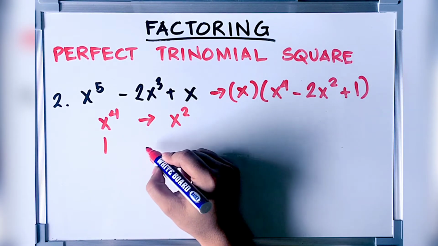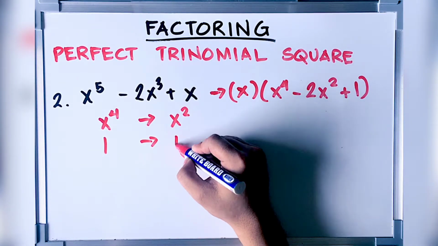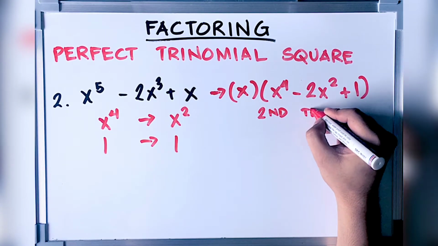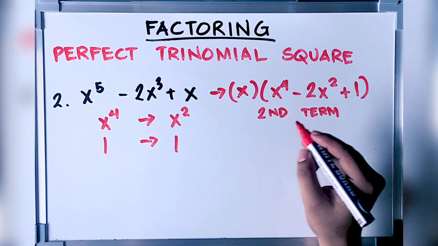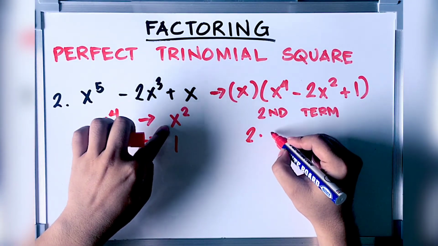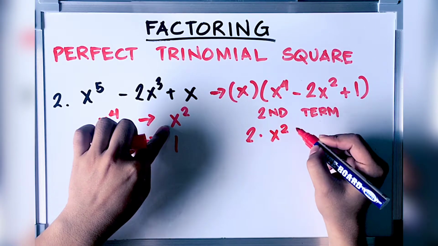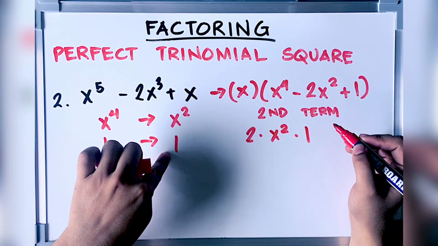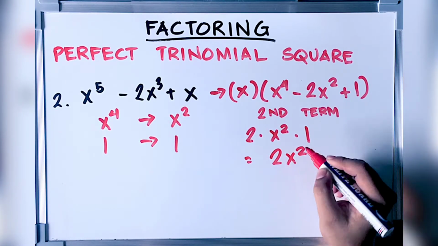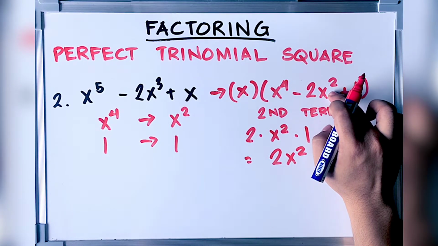Last term niya is 1, square root ng 1 is 1. And para sa second term, so twice the product ng square root ng first term at nung last term. So, ang sagot dito ay 2x squared, which is the same.